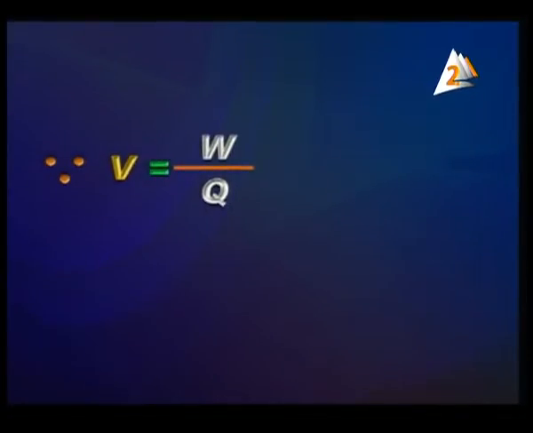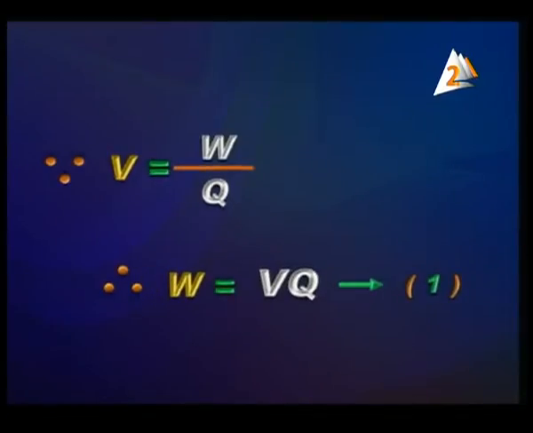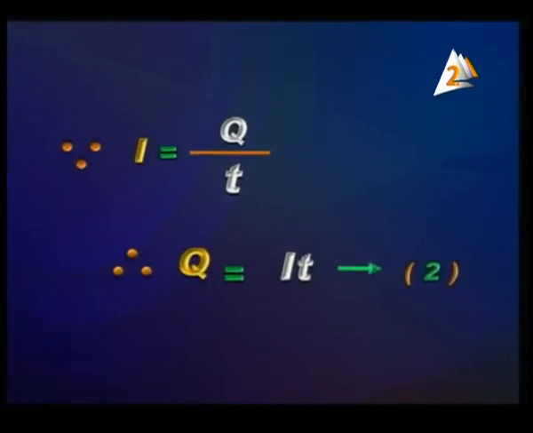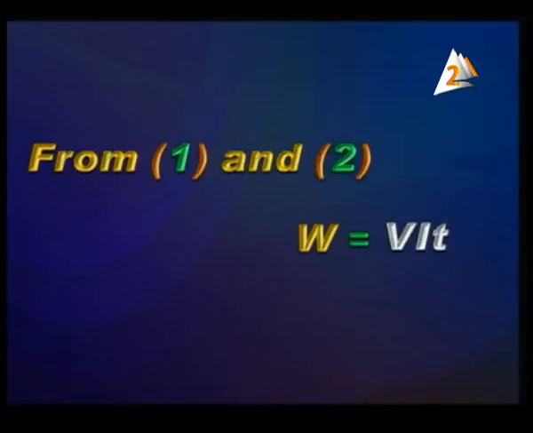Since potential difference between 2 points is determined from the expression W over Q, energy over charge, energy denoted by W is the product of V and Q. Also, current intensity I equals Q over T, so charge equals IT.